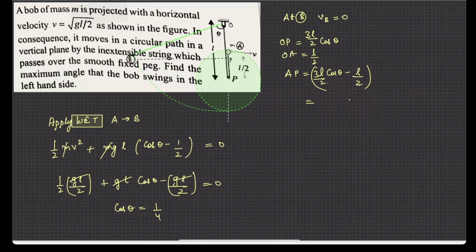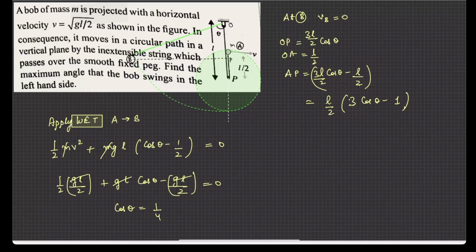It will be 3 cos theta minus 1, this will be the value. Okay, so instead of this cos theta we'll just put the value here. ठीक है, ये वाली वैल्यू रखेंगे आप, AP की वैल्यू इंस्टेड ऑफ द प्रीवियस वैल्यू.